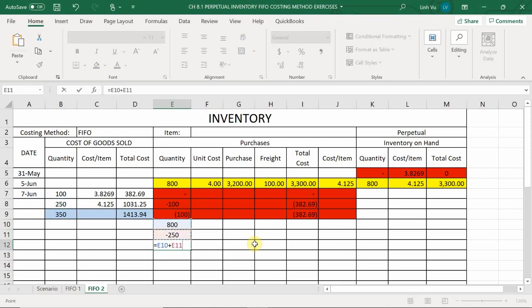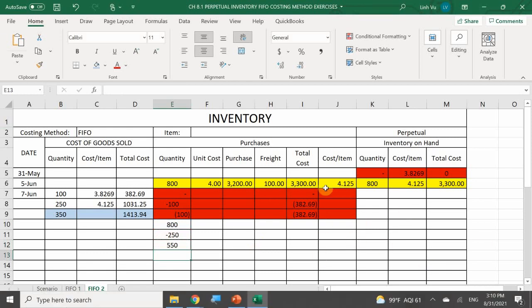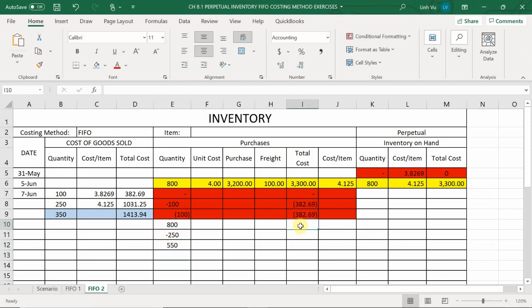And once again, I'm going to eliminate that from my 800 items. So what's my total amount that I should have left remaining? 550. Okay. So the same thing again here.